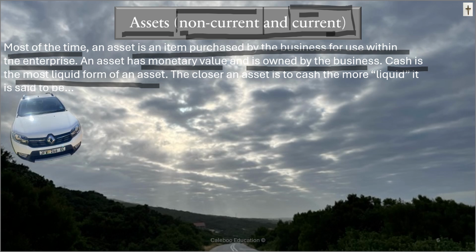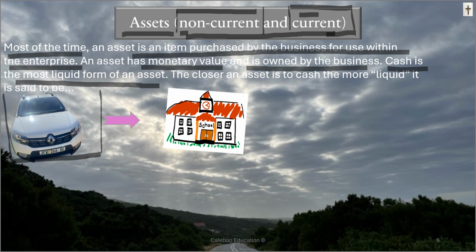So say for example, a vehicle is not liquid as it isn't close to cash, but as we get to other assets, for example, the school is a debtor of Calibre Education. Now the chances of us receiving money from the debtor will depend on the terms.